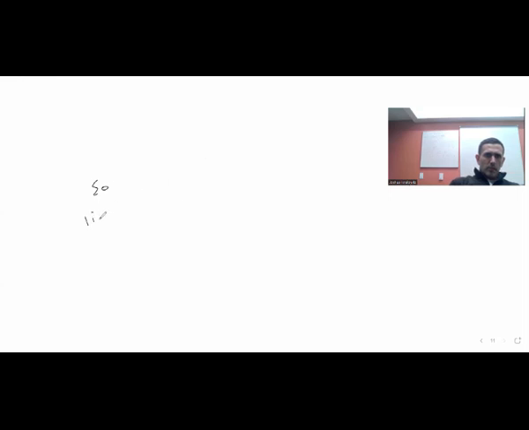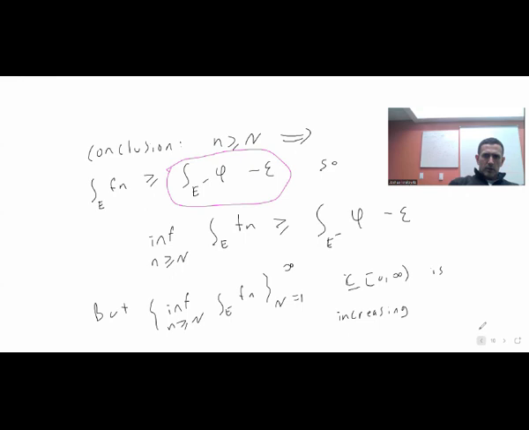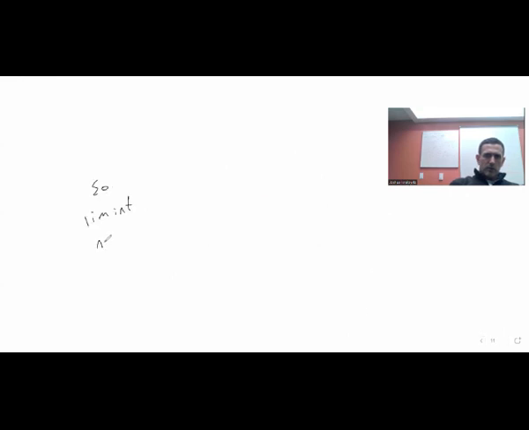So in particular, the lim inf, I'll use little n, is bigger or equal to this inf here, which we concluded is bigger or equal to the integral over E prime of phi minus epsilon.